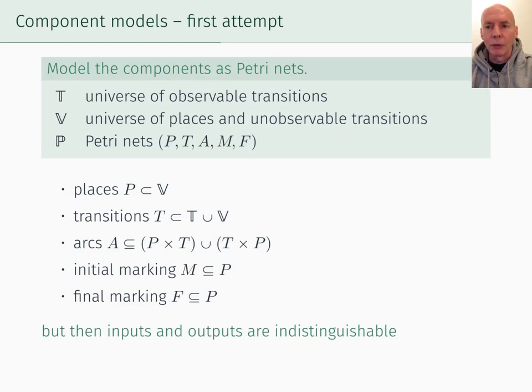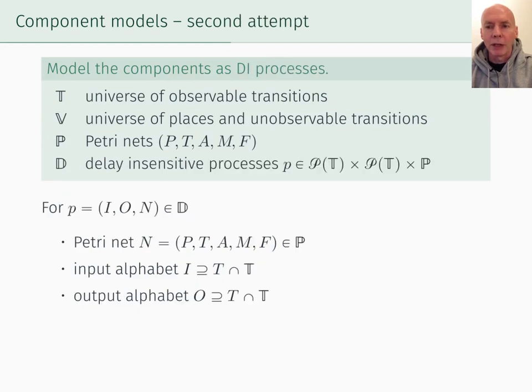So maybe we can improve on that a little bit by having this universe D of Petri net modeled delay insensitive processes, where each element of D consists not only of a Petri net N, but an explicitly noted input alphabet and output alphabet, which I'm denoting I and O here, but that has nothing to do with the previous usage of the letters I and O. They're just dummy variables.